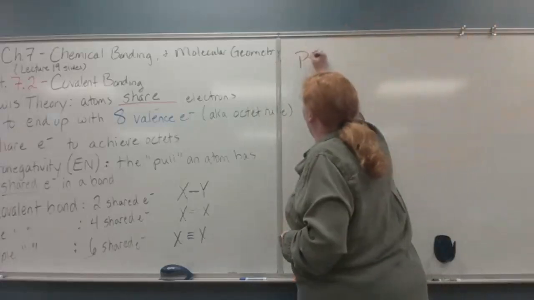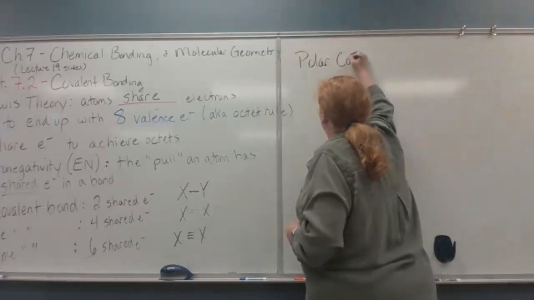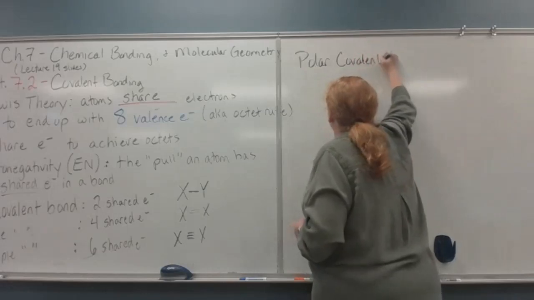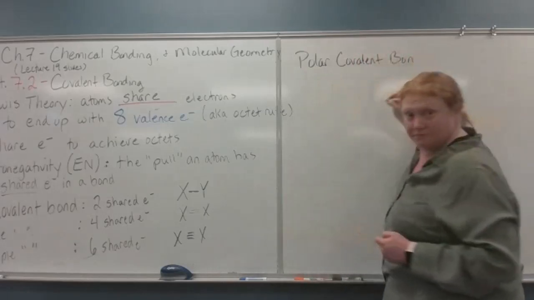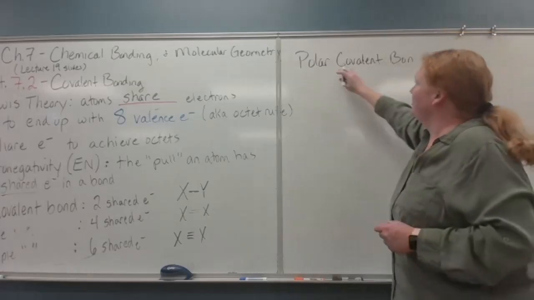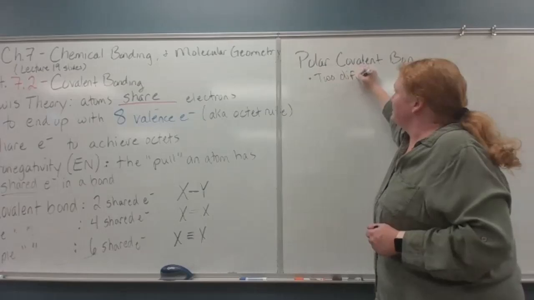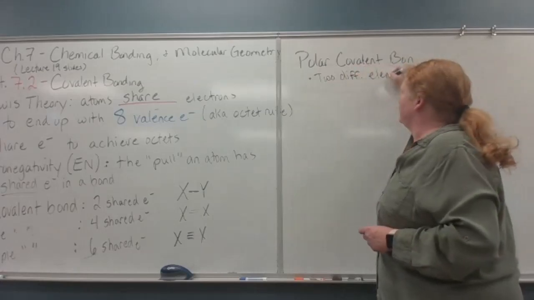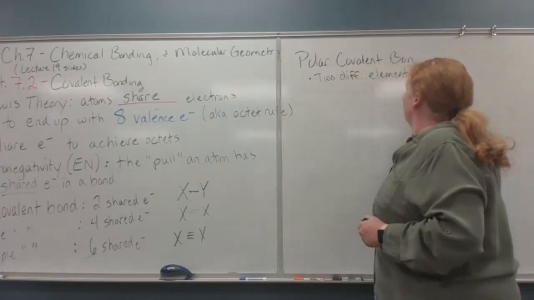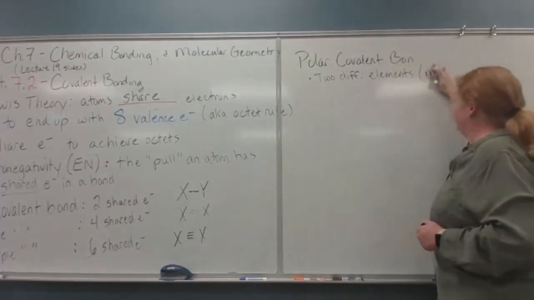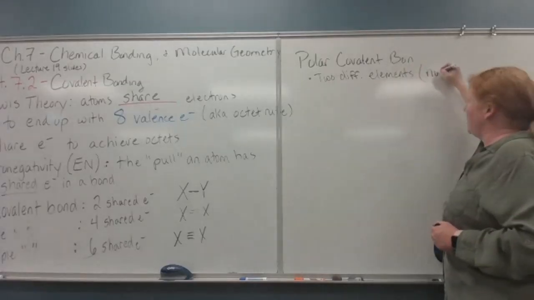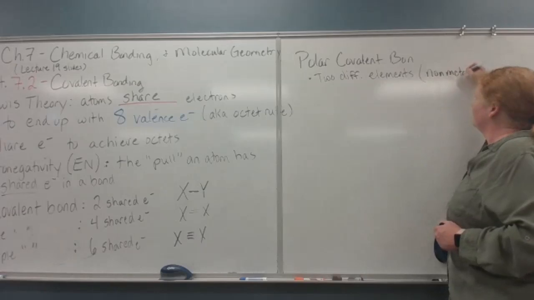So if I have a polar covalent bond, I have 2 different elements. And yes, these should be nonmetals or maybe metalloids, okay?